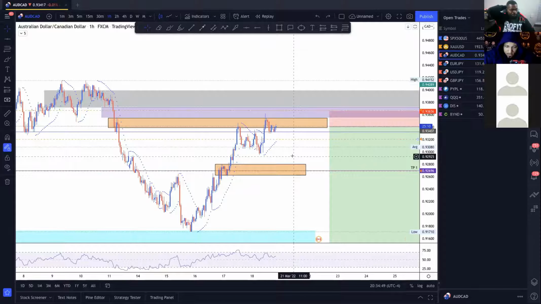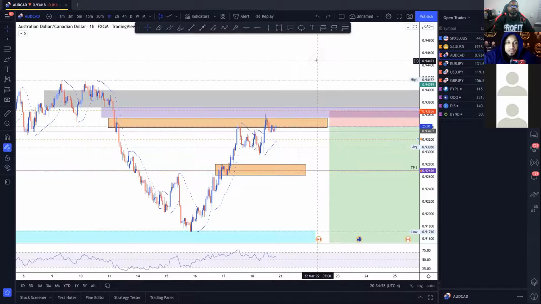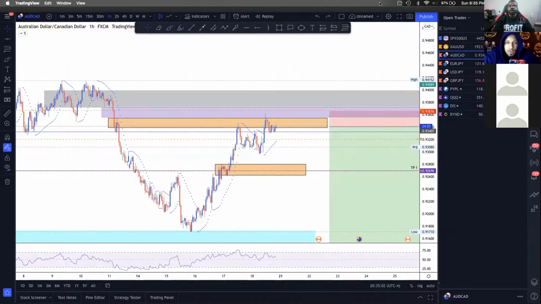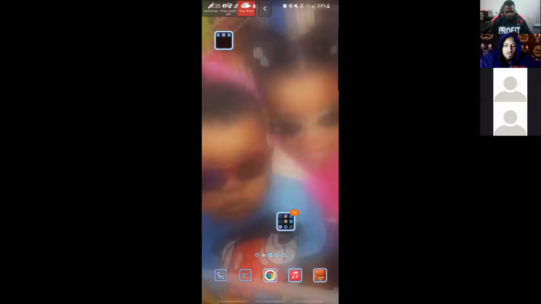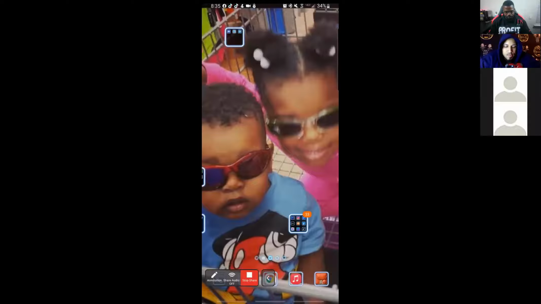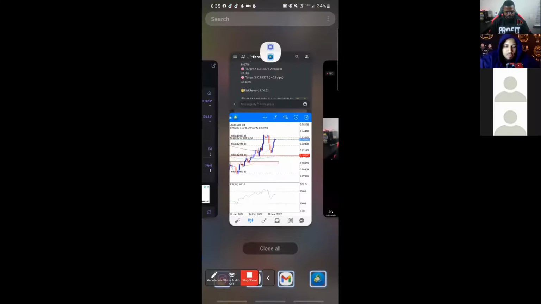Okay. So after you see that we've gone into profit, from here, you would go back to your MT4. We got that alert, 20 pips in profit. Now we just want to move our trade in profit to protect our trade.